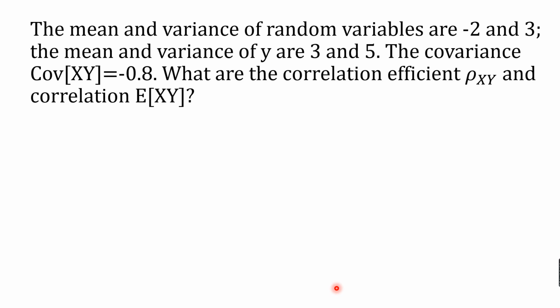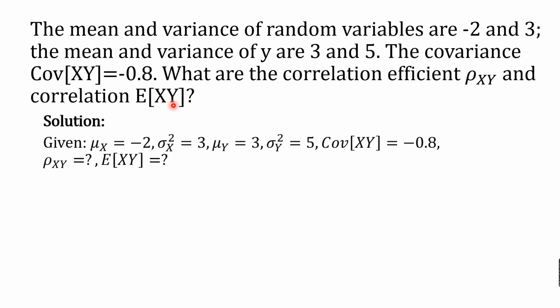All right, let us consider one more problem here. Mean and variance of random variable x are -2 and 3. Mean and variance of y are 3 and 5. The covariance of xy is -0.8. What are the correlation coefficient and the correlation of xy? Based on the problem, let us write the given data here. Mean and variance of x are -2 and 3, written here as mu x and variance.